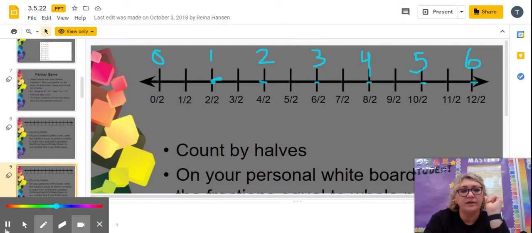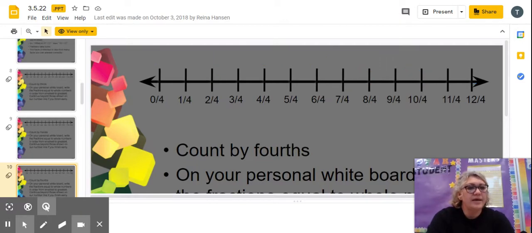All right, guys, so let's get this erased. You can go ahead and erase your wholes and draw your number line again. Okay, now we're counting by fourths. So again, let's go through and mark the wholes. Go ahead and pause me.